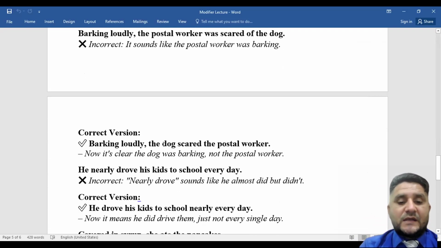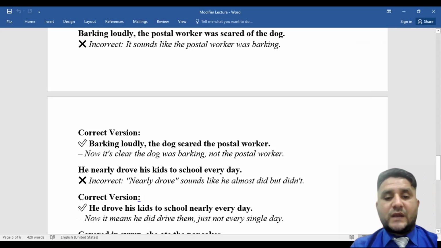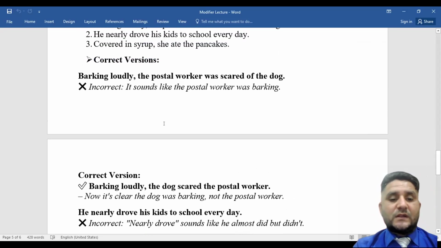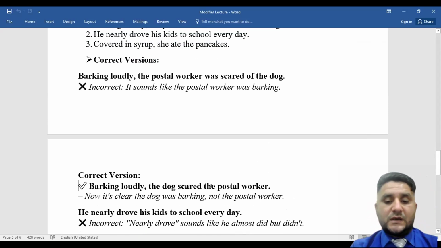Now it's clear that the dog was barking, because it's placed near the modifier barking loudly.